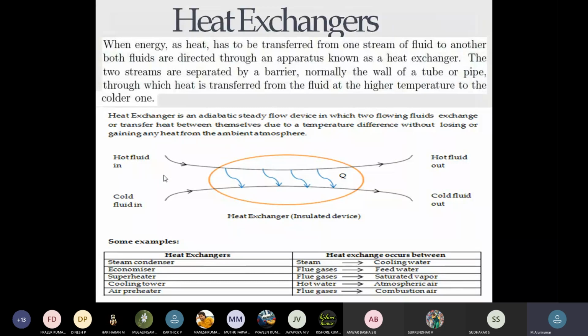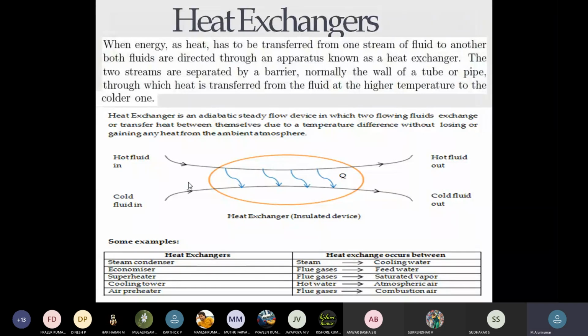A heat exchanger is an adiabatic steady flow device in which two flowing fluids exchange or transfer heat between themselves due to a temperature difference. So this is happening because of the temperature difference. We are using two different temperature fluids, without losing or gaining any heat from the ambient atmosphere. So we need not take the atmospheric temperature to heat or cool the fluid, right?